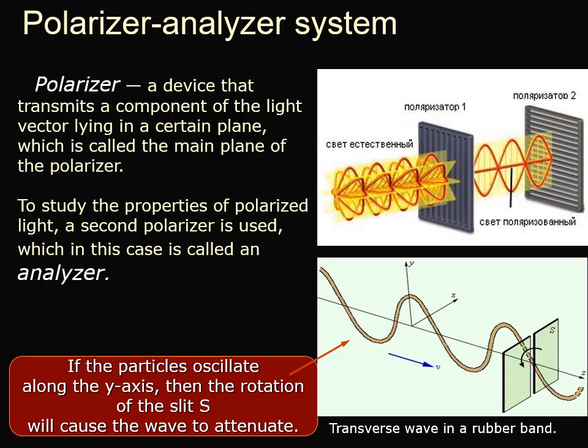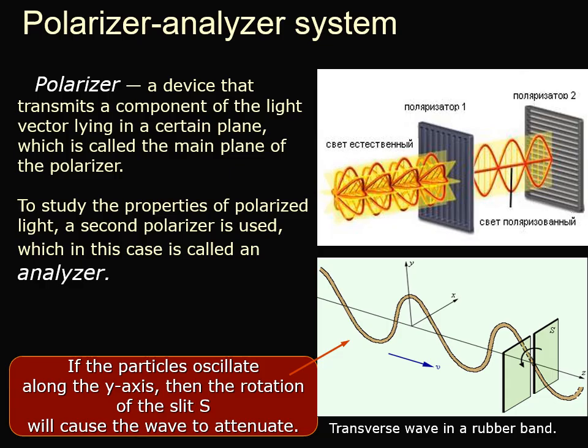But as soon as we start turning this transmission direction relative to the oscillations coinciding with the screen, we naturally extinguish these oscillations in this way. Extinguish the vibrations, mechanical vibrations of the rubber harness.